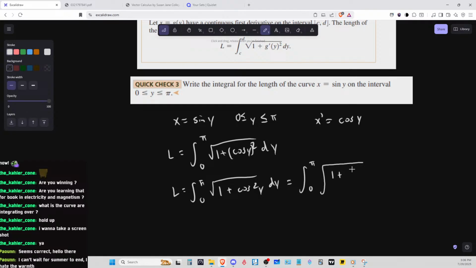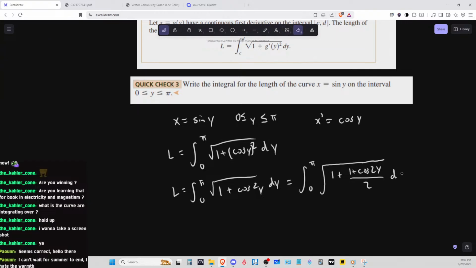1 plus, I think it was 1 plus cosine 2y. Oops, no, that's not x. It's supposed to be y. But the truth of the matter is, does that even help us in this case?